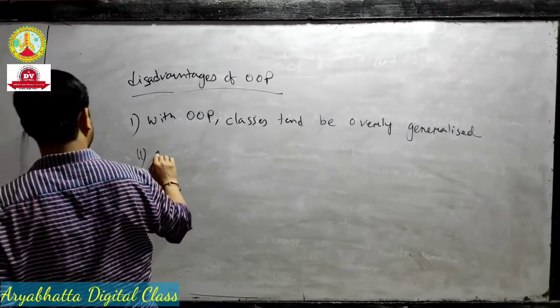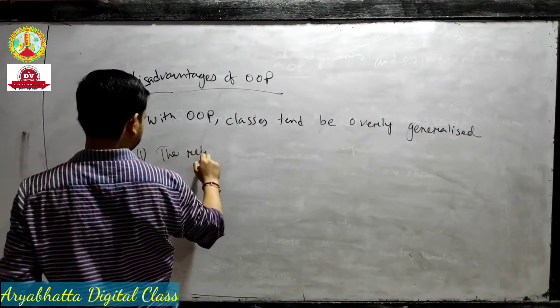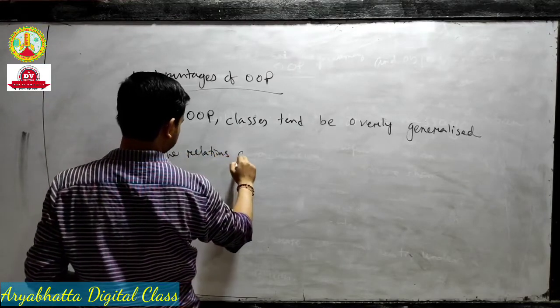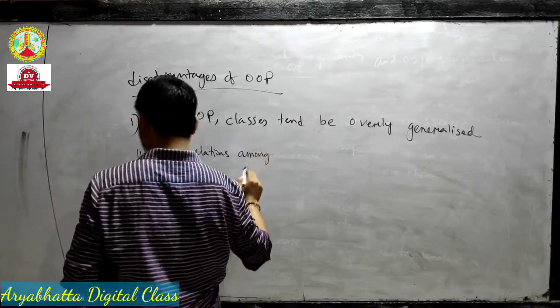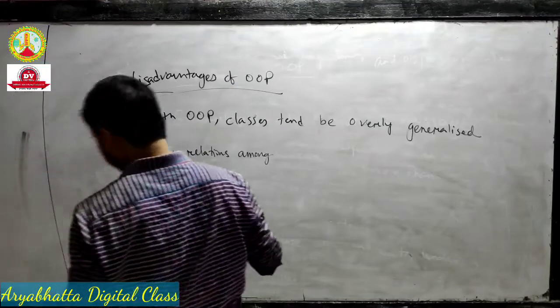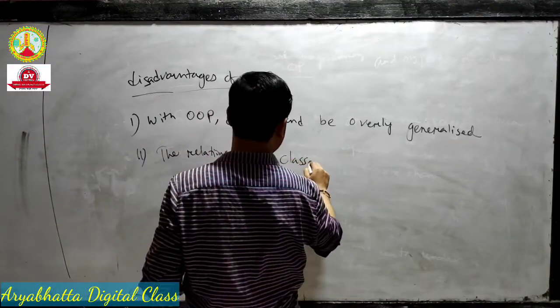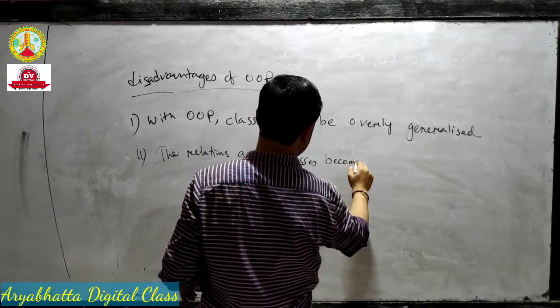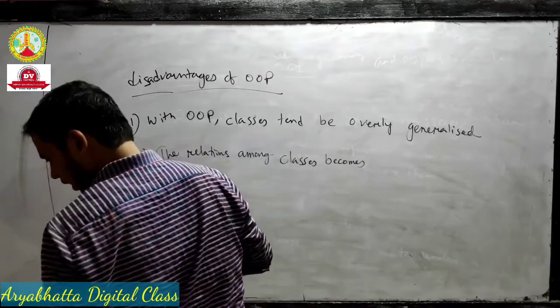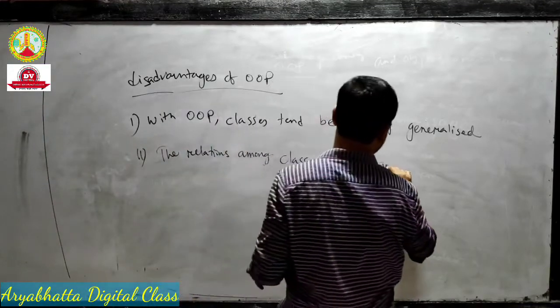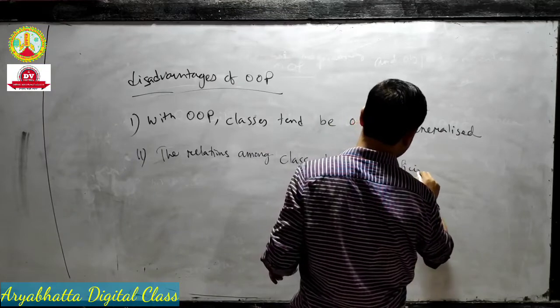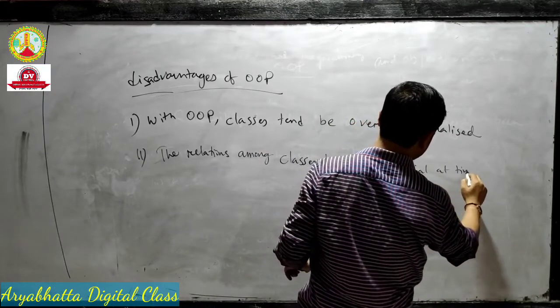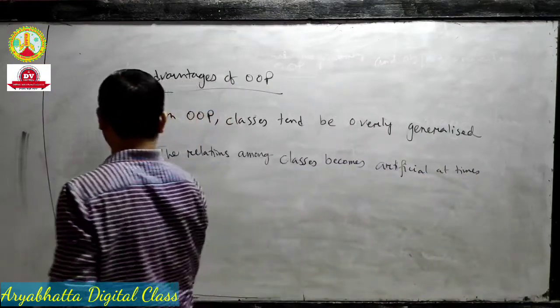The relations among classes become artificial at times. Okay, these all are disadvantages.